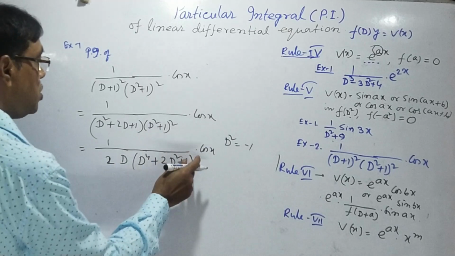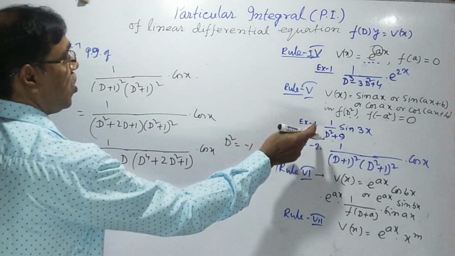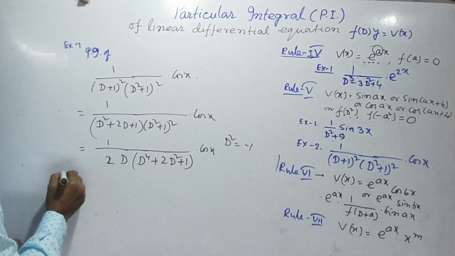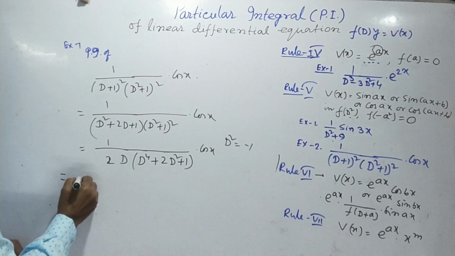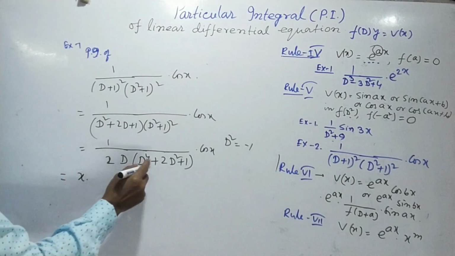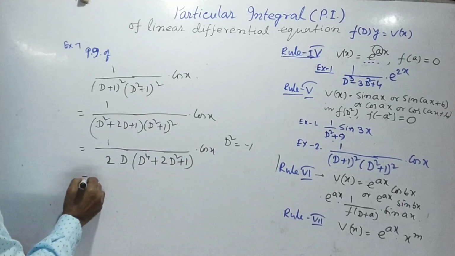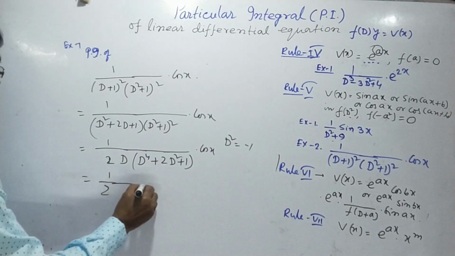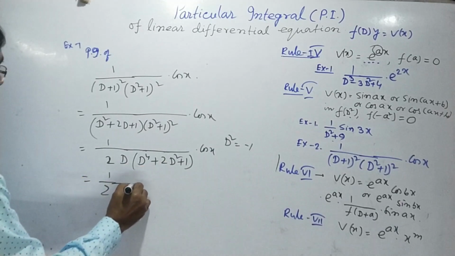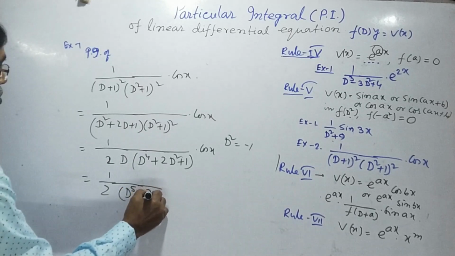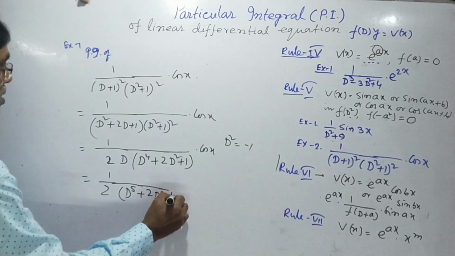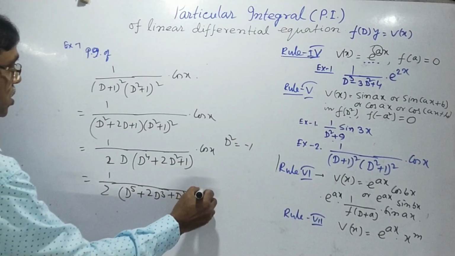So we use the same rule for the example: 1 by 2d into d to the 5 plus 2d cubed plus d, cos x.